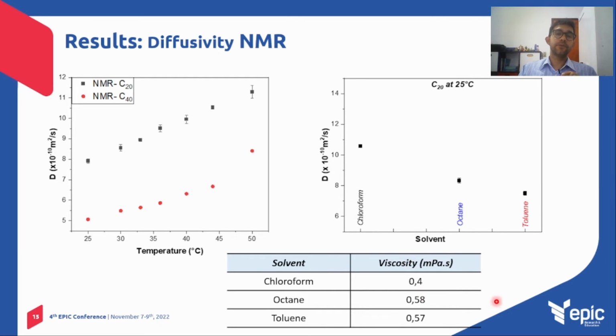And if we change the viscosity, like with chloroform, for example, we have a significant change in the diffusivity. So it confirms that the viscosity is a very important parameter for the diffusivity.